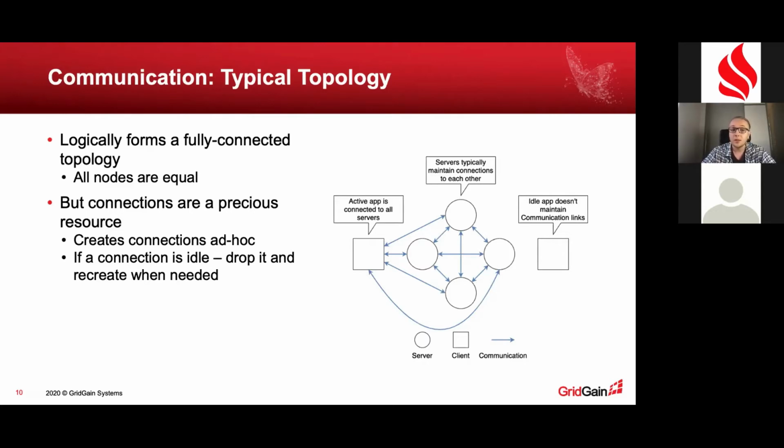It uses Java NIO to increase performance. It uses peer-to-peer communication to reduce latency, and it budgets the connections and creates ad hoc topologies in order to not exhaust the connection pool in the system.